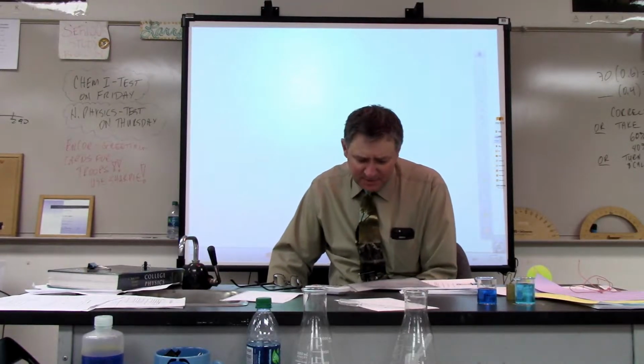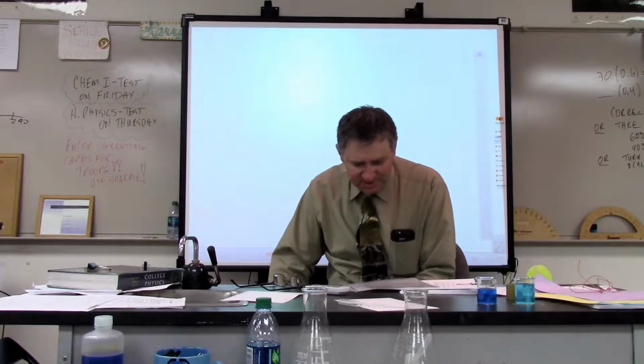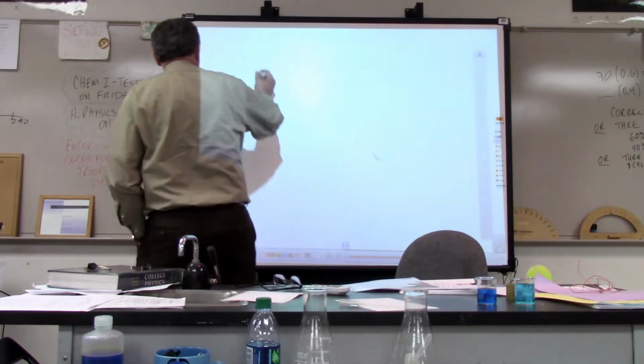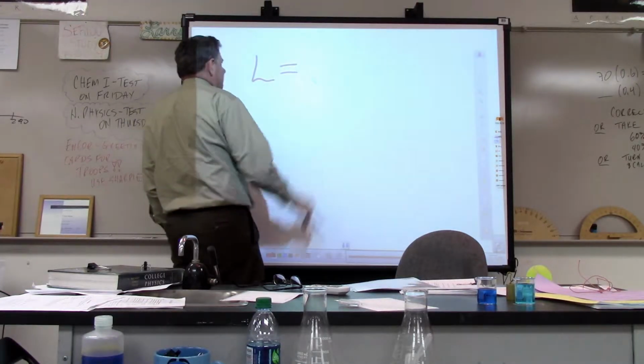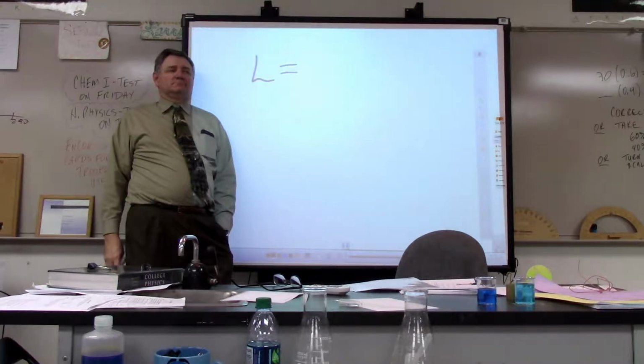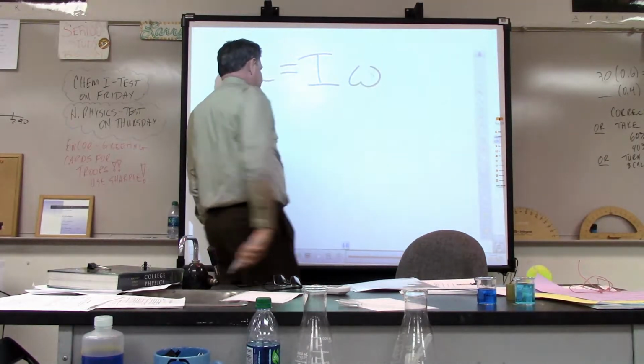You've got a hollow sphere spinning at 30 revolutions per minute, mass is 24 grams, radius is 3 centimeters. Determine the angular momentum. So, what 2 things do you need to calculate angular momentum? I omega. Moment of inertia and how fast it's spinning.